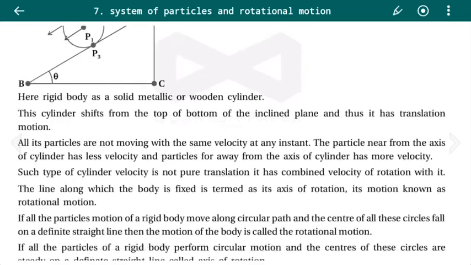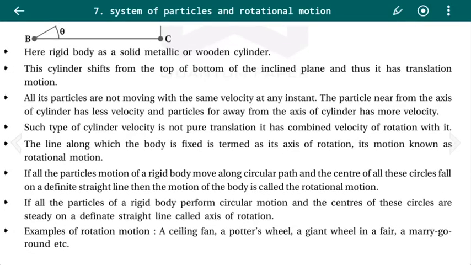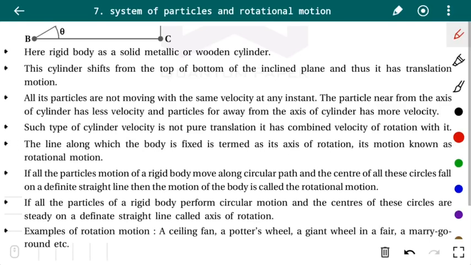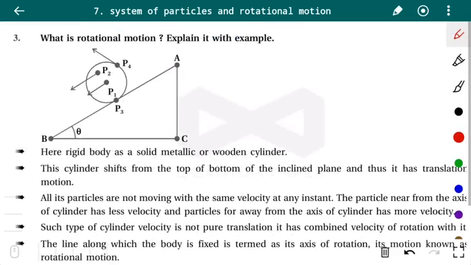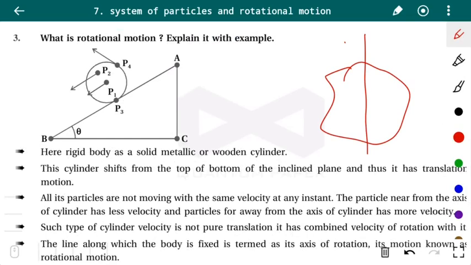If all the particles of a rigid body move along circular paths and the centers of all the circles fall on a definite straight line, then the motion of the body is called the rotational motion. That means, suppose we are considering an arbitrary shaped object rotating along its y-axis.